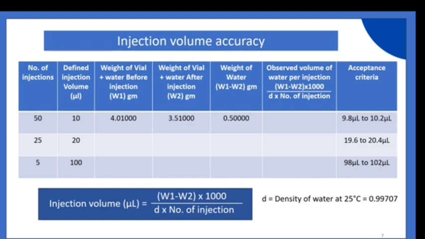By using the formula for injection volume and calculating, we get 10.03 microliter, and acceptance criteria for 10 microliter is 9.8 microliter to 10.2 microliter. So our injection volume for 10 microliter is in the limit, that is 10.03. Similarly, you can do the calculations for 20 and 100 microliter.